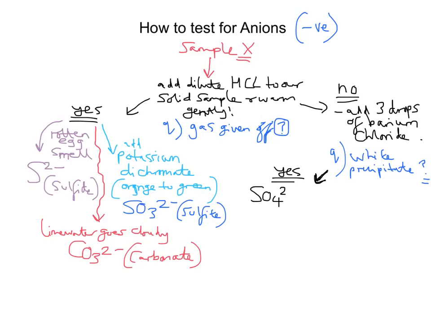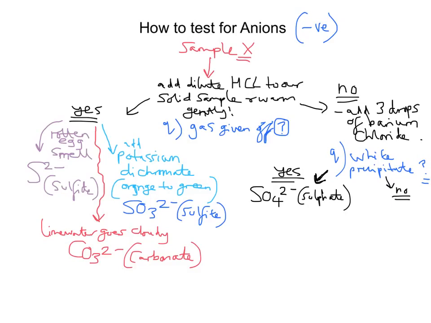So we found SO4 2-, which is the sulfate anion. But if the answer was no, if we didn't get a white precipitate, then what we need to do is take some fresh solution and add an equal volume of dilute nitric acid.